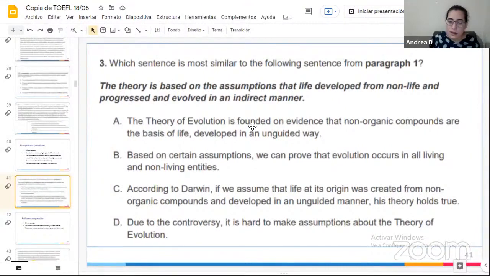The theory is based on the assumptions that life developed from non-life and progressed and evolved in an indirect manner. So what you need to do is find the closest sentence to that one. You need to paraphrase that sentence and find it in one of the options. So I'll give you 1.5 minutes again to read the options and try to come up with the answer.